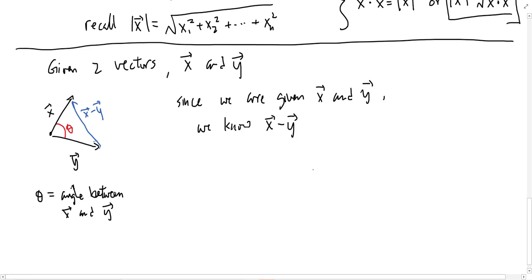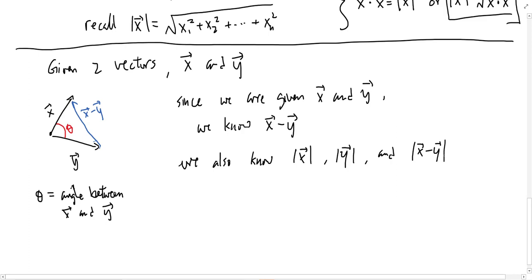It's exactly the same thing in this discussion. And therefore, we actually form this triangle. Now, since vectors x, y, and x minus y are all known, we also know the length of vector x, the length of vector y, and the length of vector x minus y. So these three lengths are all known to us.